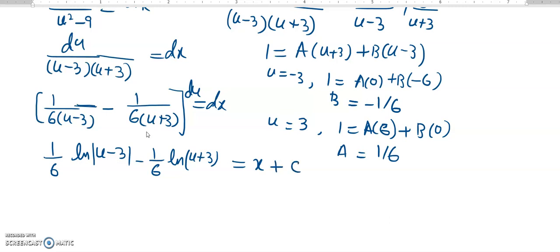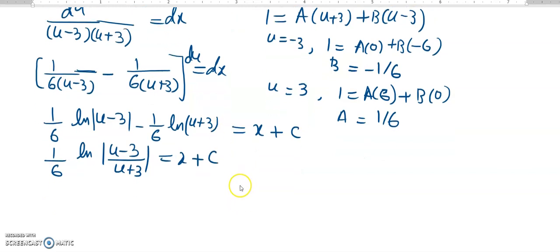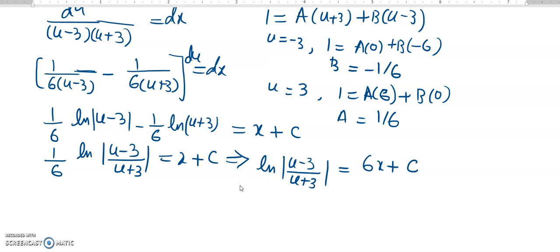So from here I can say that 1 over 6 log u minus 3 minus log u plus 3 will be log u minus 3 over u plus 3, okay, equal to x plus c. Moreover, I can write it like this: log u minus 3 over u plus 3 is equal to 6x plus 6c. 6c is another constant.